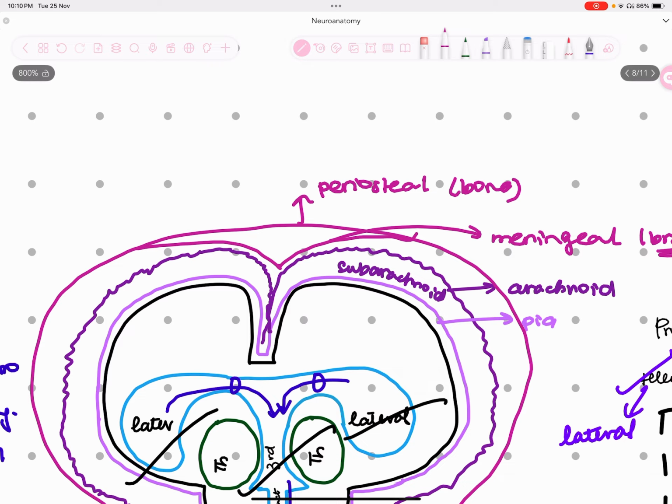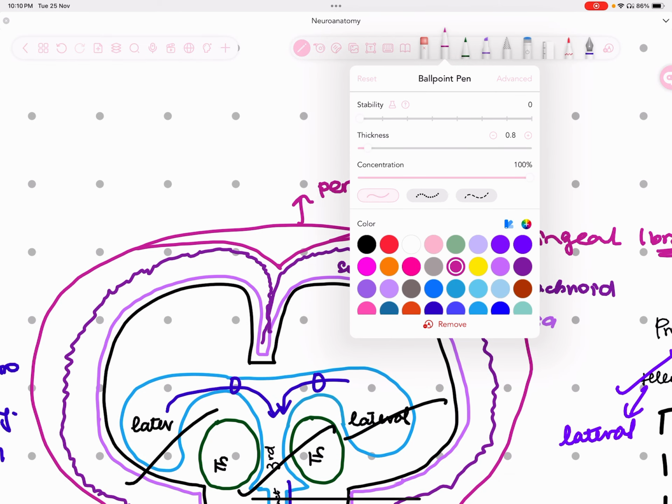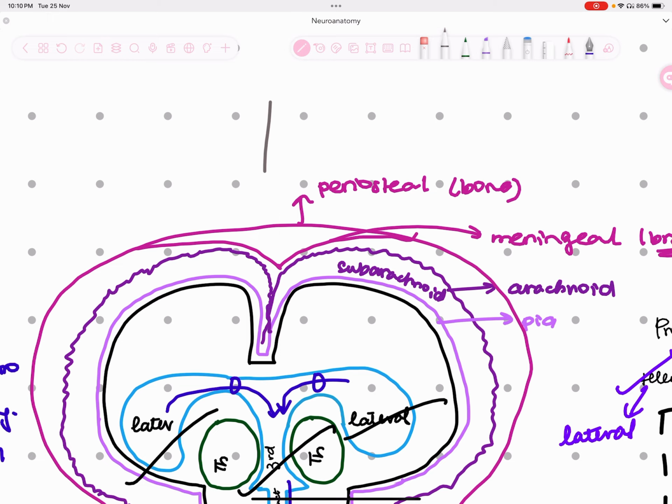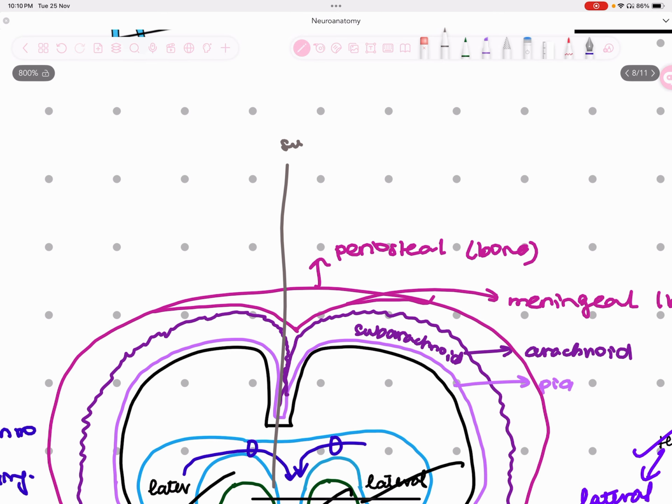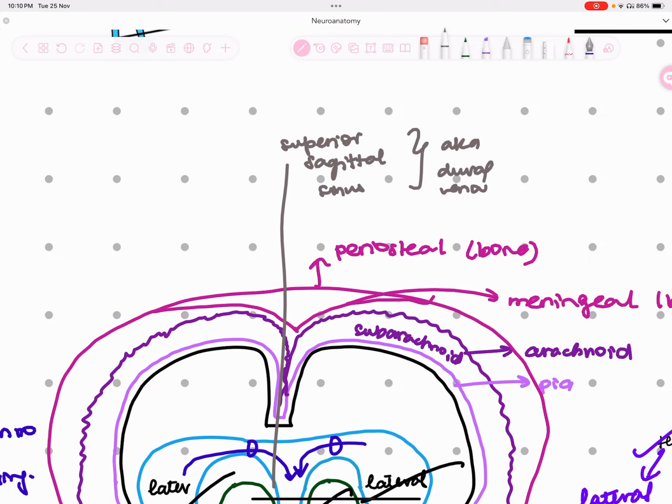This separation can clearly be seen in the topmost part here, which is the superior sagittal sinus, also known as the dural venous sinus.